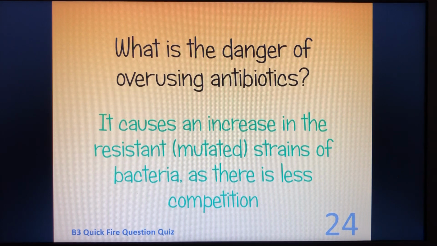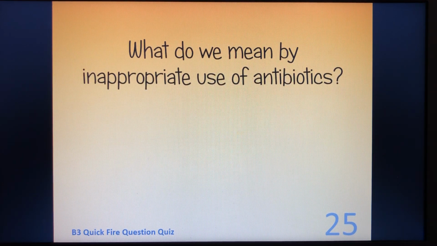Okay, question 25. What do we mean by inappropriate use of antibiotics? Again, this one is similar, but it's not overuse. This is inappropriate use. By this, I mean, you go to the doctors, they say, yes, you've got a bacterial infection, we'll give you the antibiotics, and we want you to be on these antibiotics for 7 days.